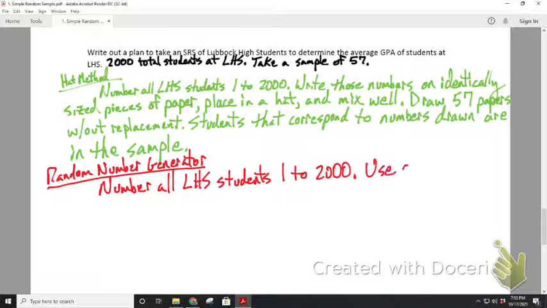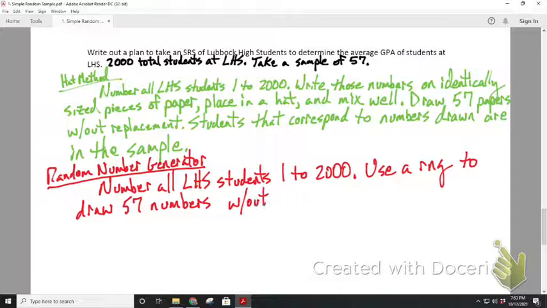Use, and you are A-OK to abbreviate RNG. I know and AP knows what that stands for, but spell it out if you're worried at all. Use a random number generator to draw 57 numbers without replacement.